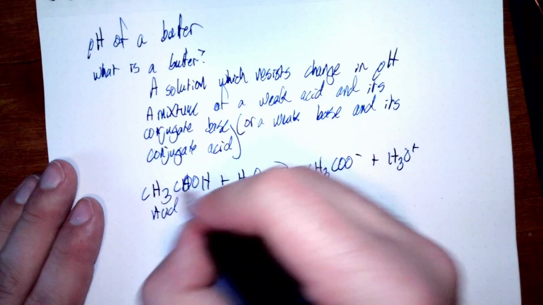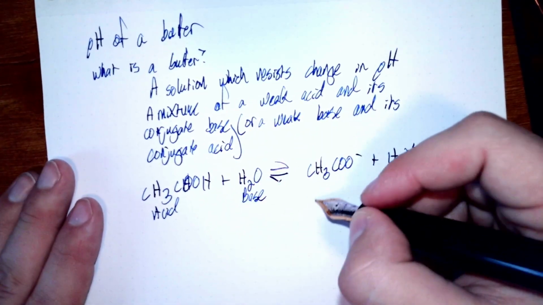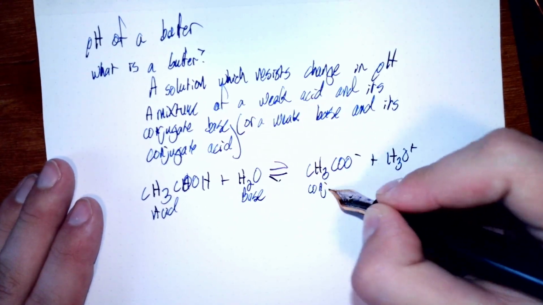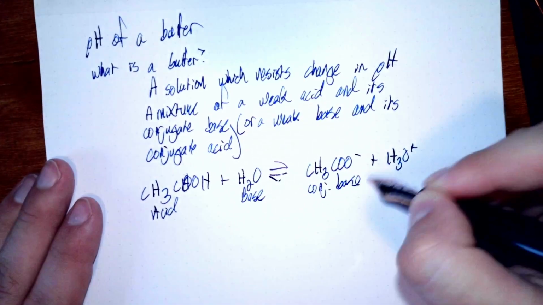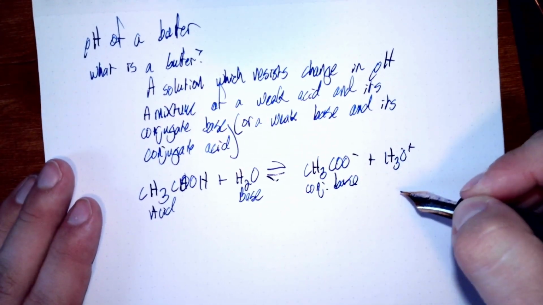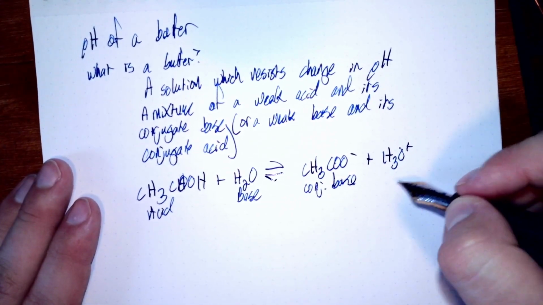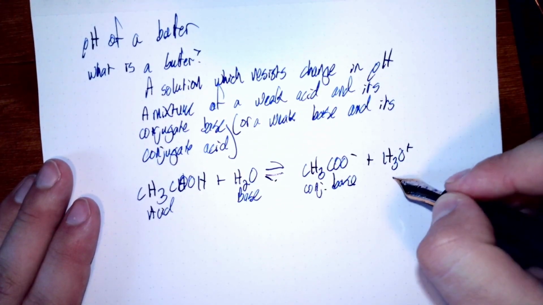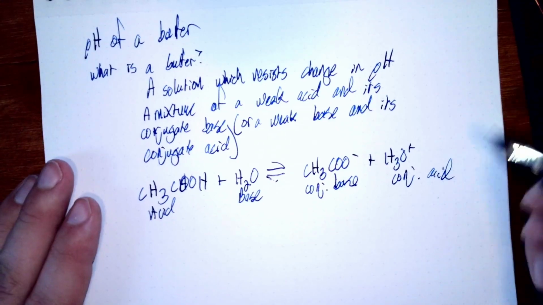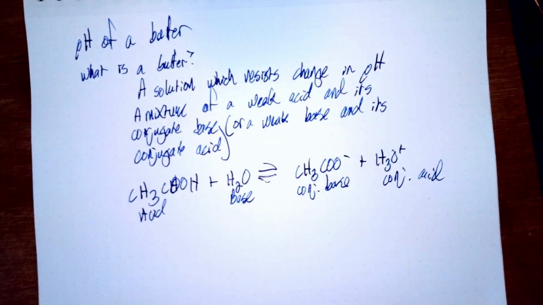If you will remember, this is the thing that gives up a proton, this is the thing that accepts a proton. This is our conjugate base, the thing that we have left over after we've given up a proton. This is our conjugate acid, the thing that's left over after we've accepted a proton.